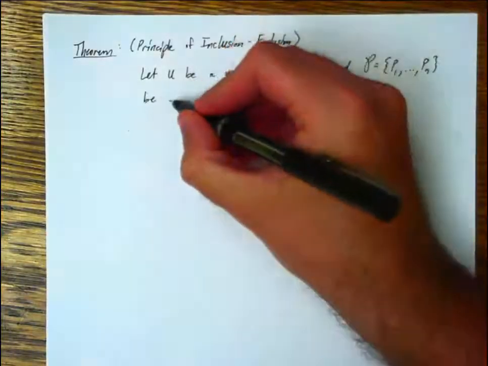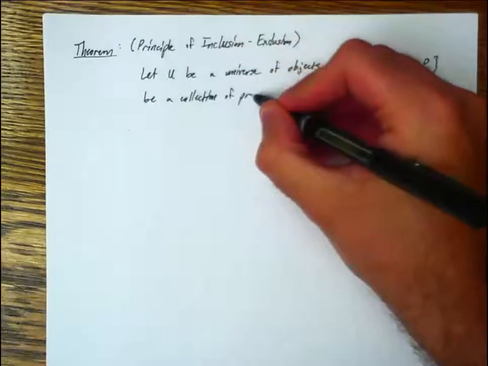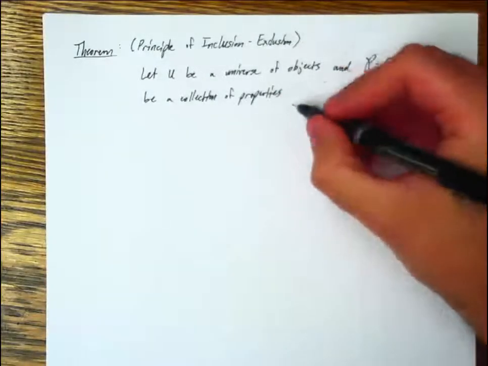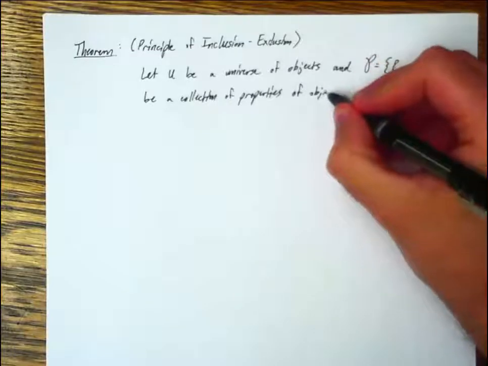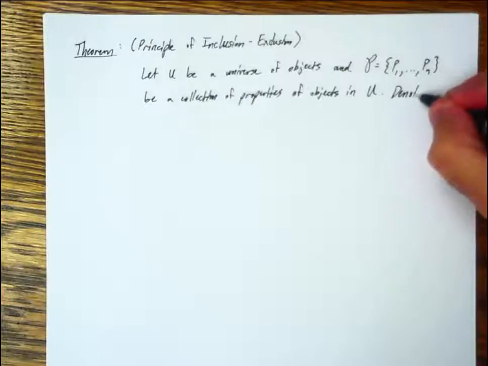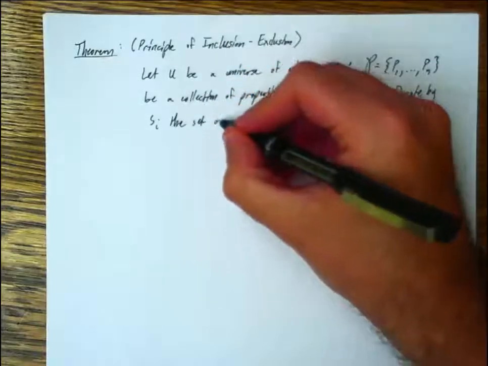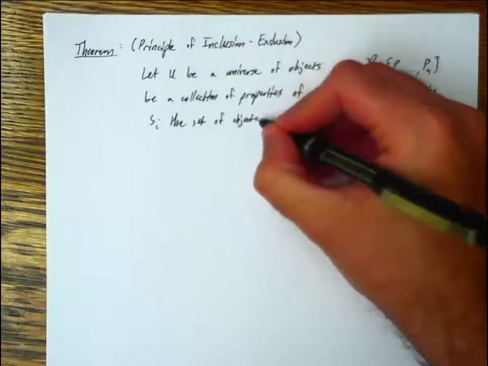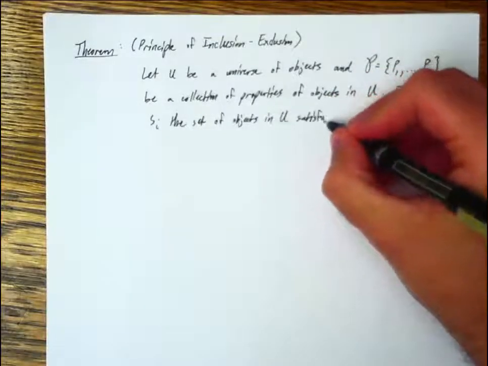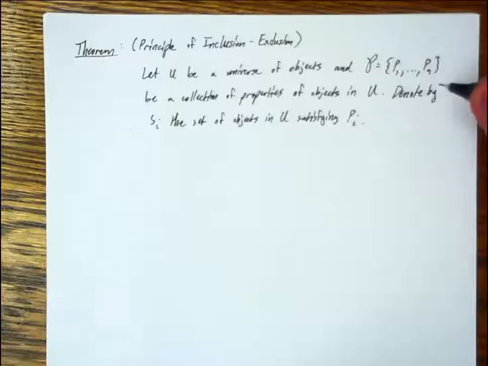We're going to let them be a collection of properties that we can describe of the objects in the universe U. So a collection of properties of objects in the universe U. And we're going to denote by Si the set of objects in U satisfying property Pi. And we're going to do that for each i between 1 and n.